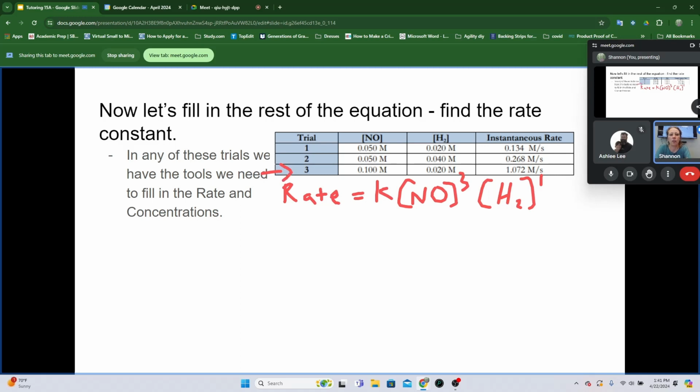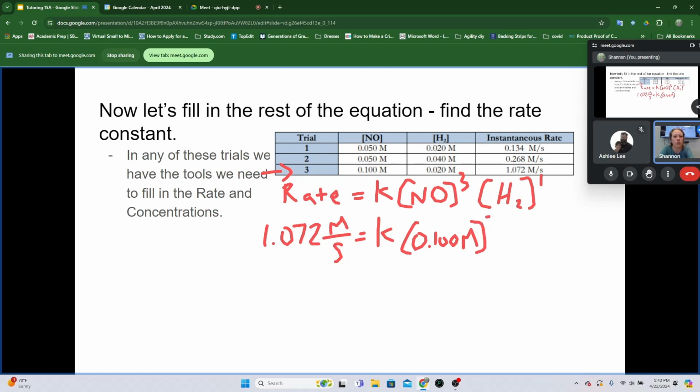And so I'm just going to fill in the numbers. 1.072 molarity per second equals K, which is what I'm solving for, so it's going to be left on its own. Okay, my concentration of NO in trial 3 is 0.100 molar.